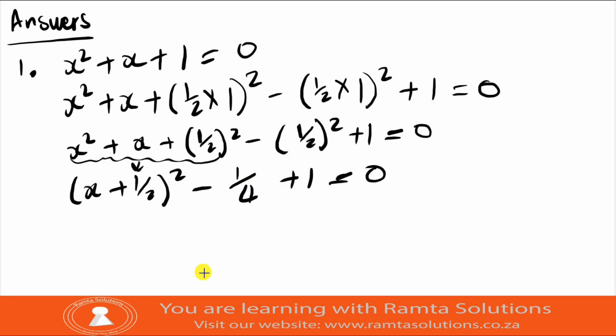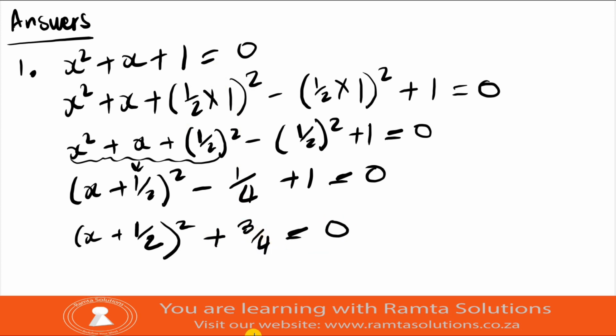Okay, so we then have x plus half all square, and it looks like it's positive 3 over 4 equals 0.